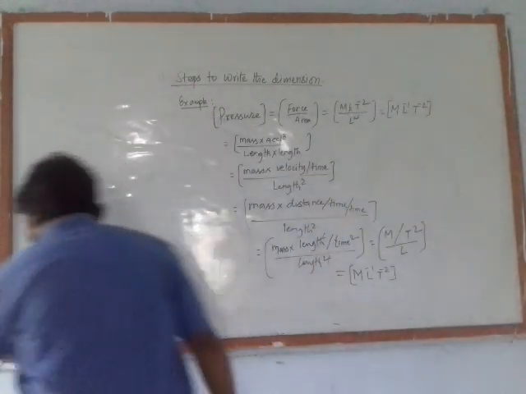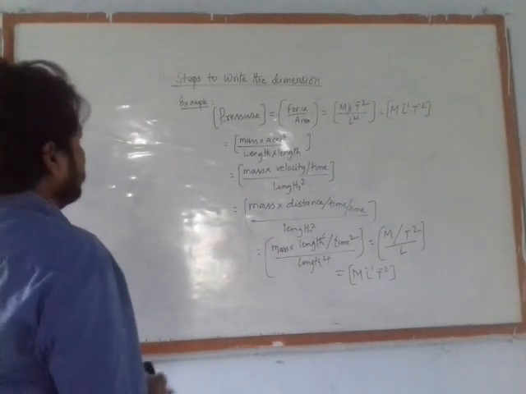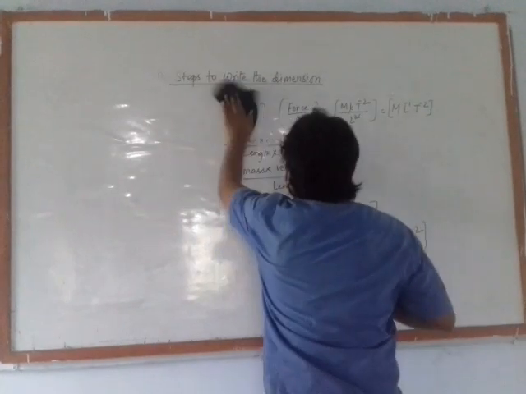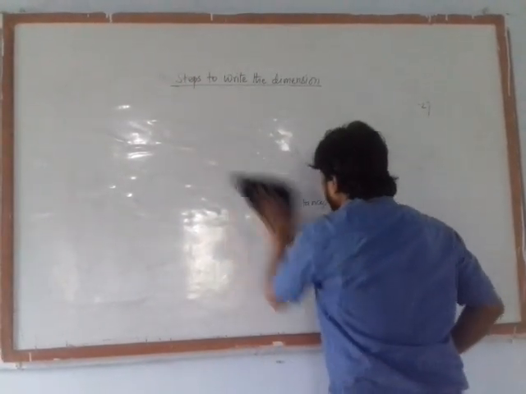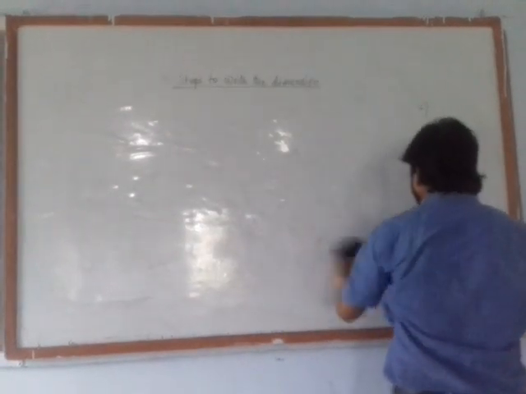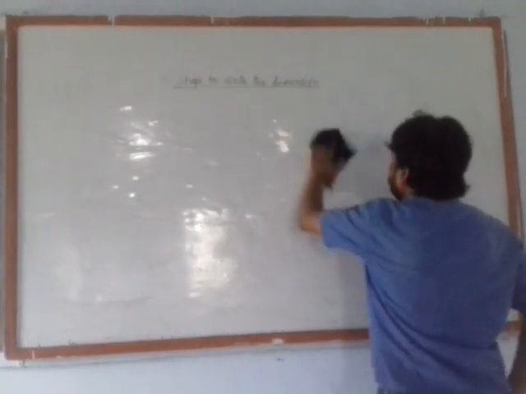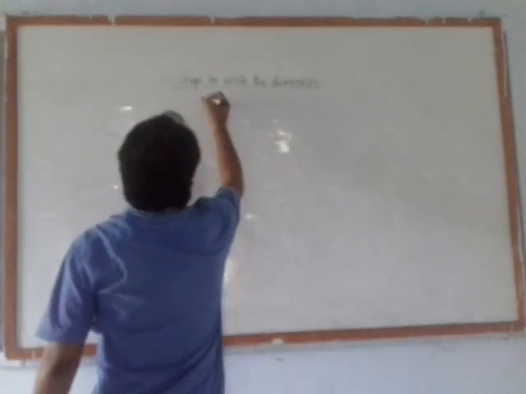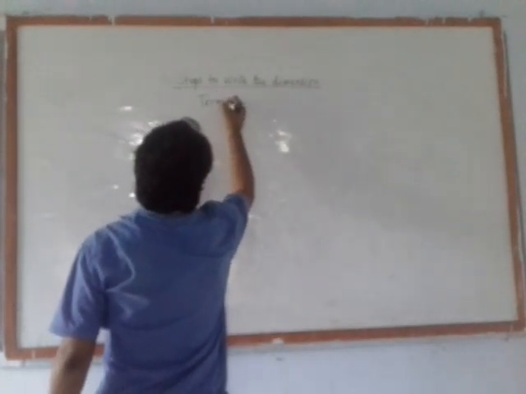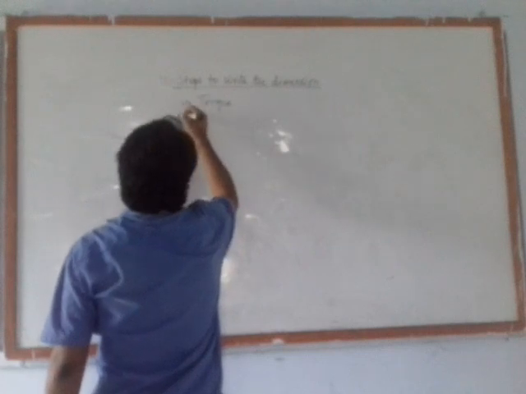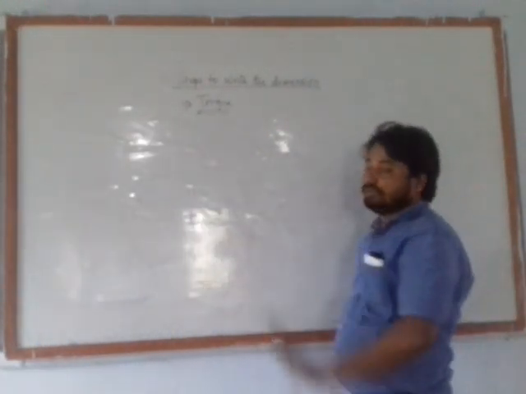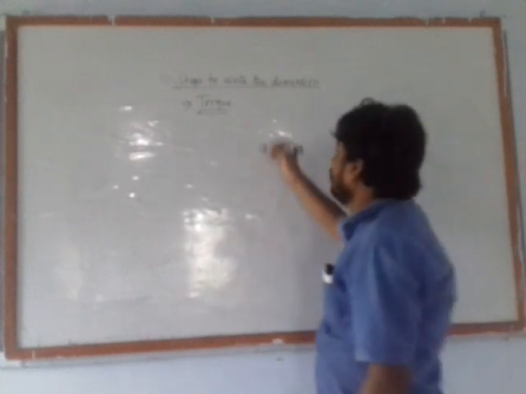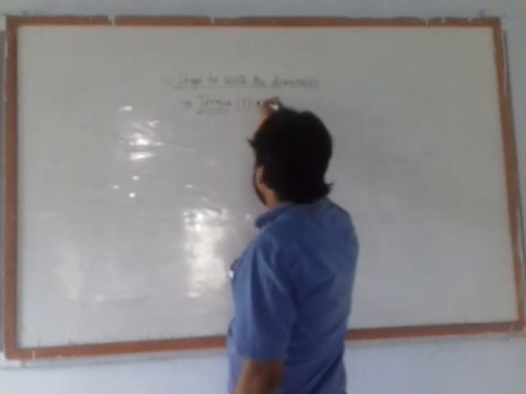Okay, let us take one more example. I am writing the example of torque. Torque is a very important quantity. You will study it in the next chapter, and in 9th class also you might have studied torque. Torque is tau. This is a vector quantity.